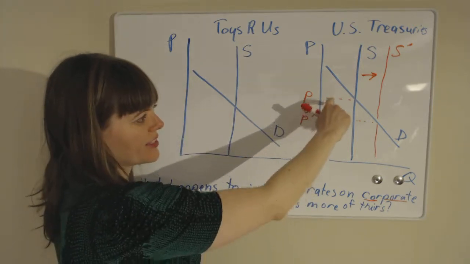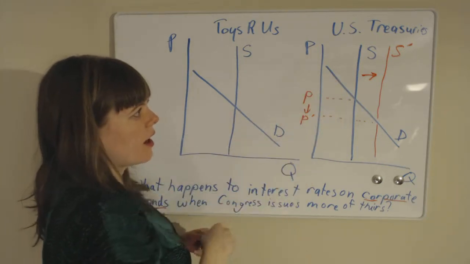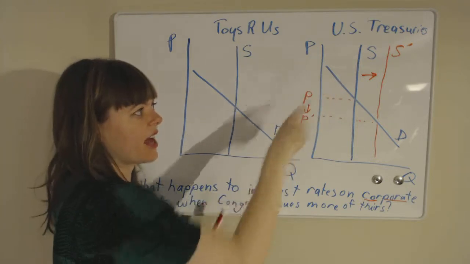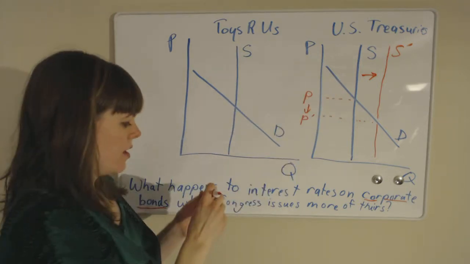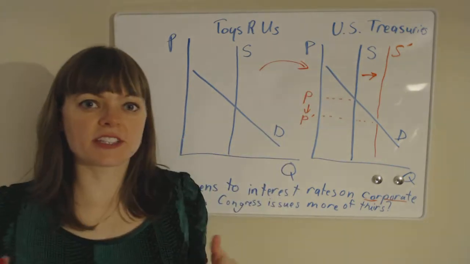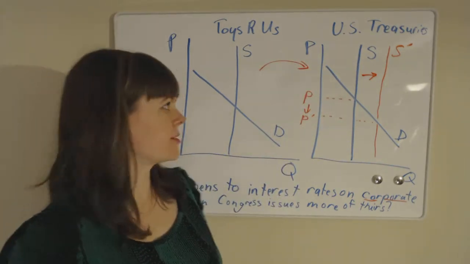But of course, when the price of a substitute goes down, that means people are going to look at that and they might want to move some more of their money into this asset, which is now cheaper. So we're going to get movement in between these two markets, just like we've always seen in markets for substitutes.